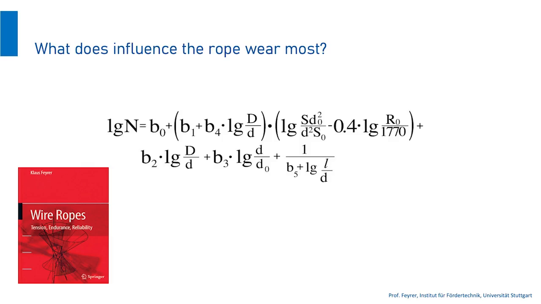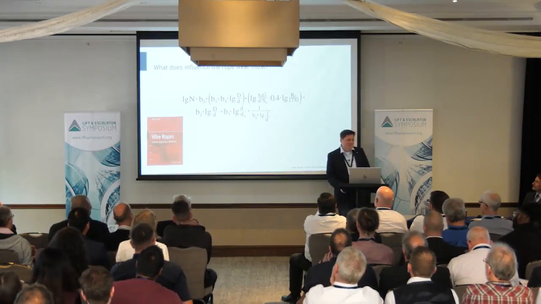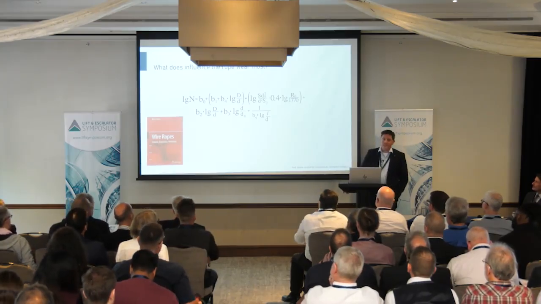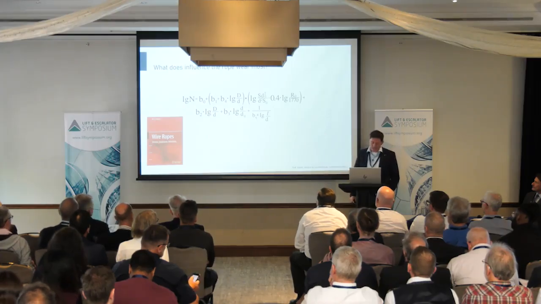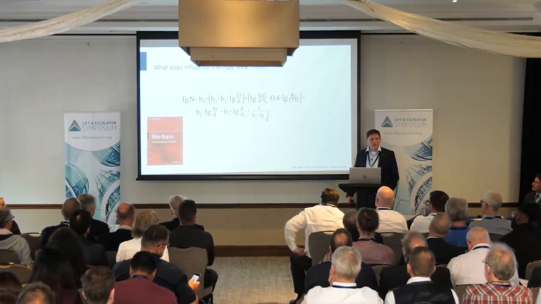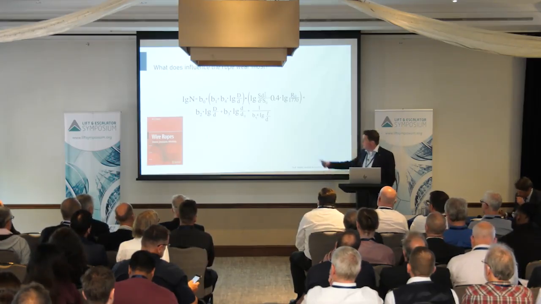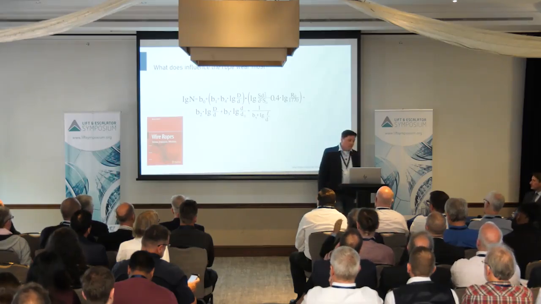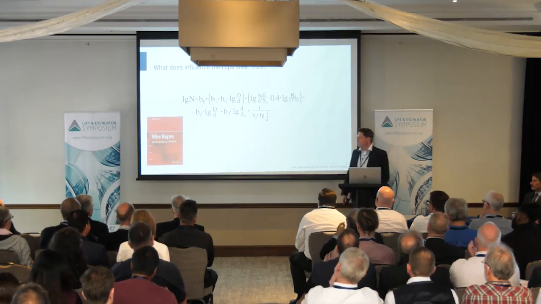There's a tiny formula from Professor Feyrer, where N is the number of bending cycles, which describes what is influencing the rope wear. And you will find things therein like the D-to-d ratio I already mentioned, but also the tensioning within a rope set.